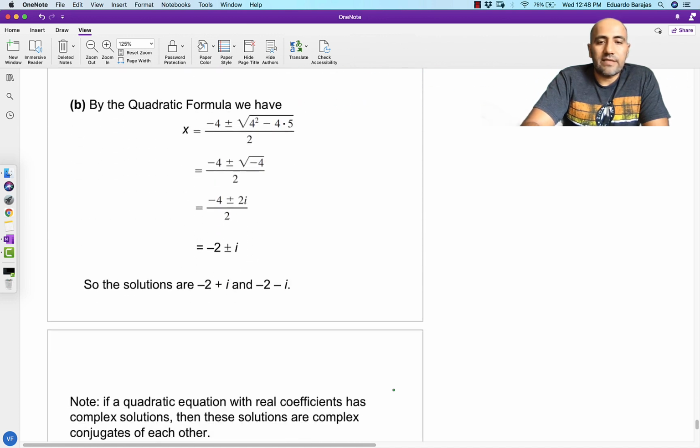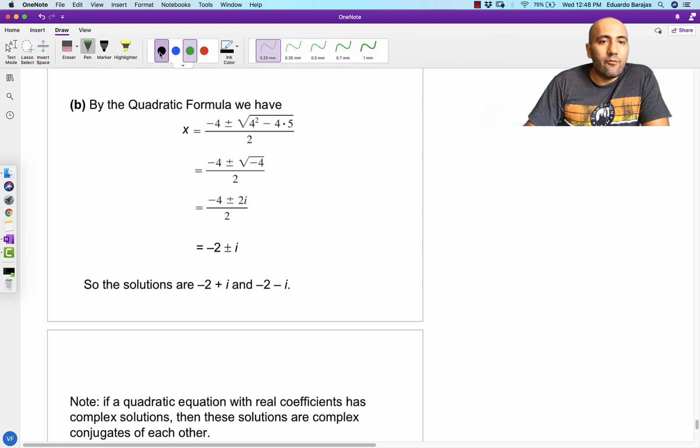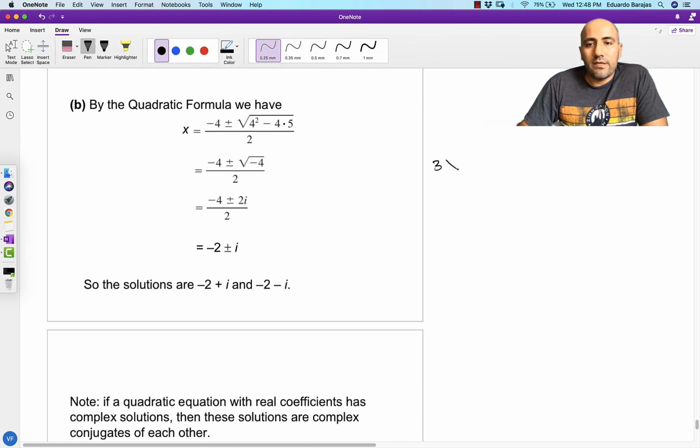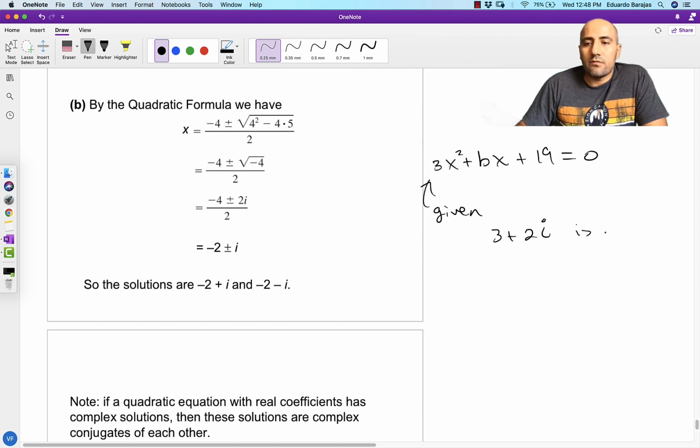Another way we're going to use that is that if we know there is some equation, 3x squared plus, I don't know, bx plus, I don't know, 19, and that equals 0. Some number goes in there. And say we're given that 3 plus 2i is a solution.